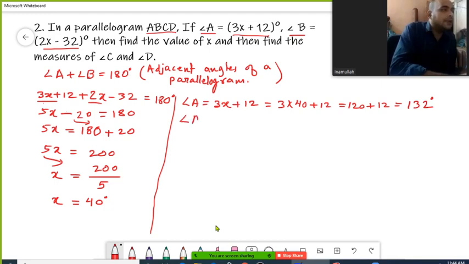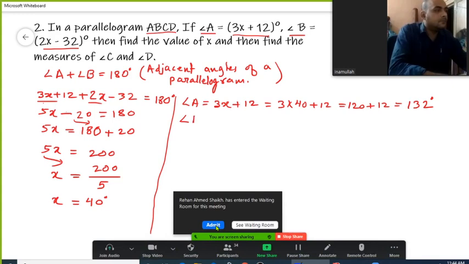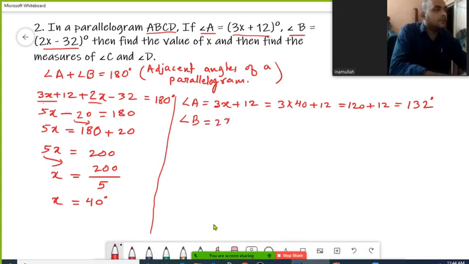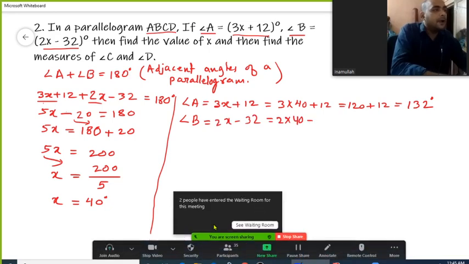So angle B is 2 times of x minus 32 degree. So 2 into 40 minus 32.